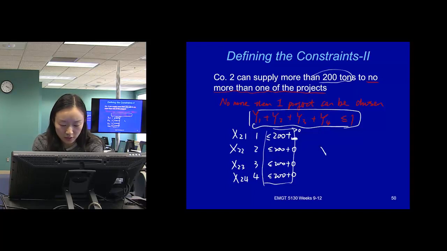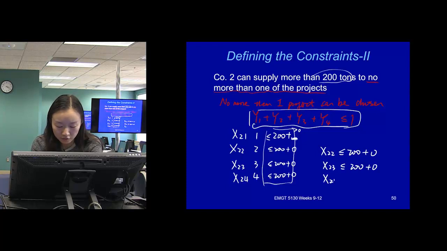For those ones, we can write x22 less than or equal to 200 plus 0, x23 less than or equal to 200 plus 0, x24 less than or equal to 200 plus 0. What about x21? Less than or equal to 200 plus a non-zero value.